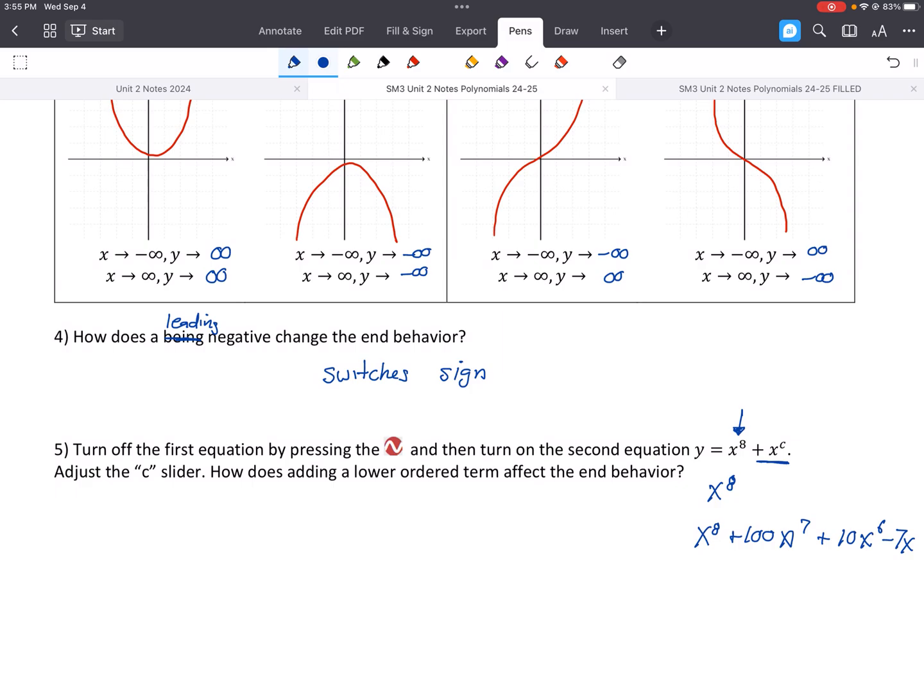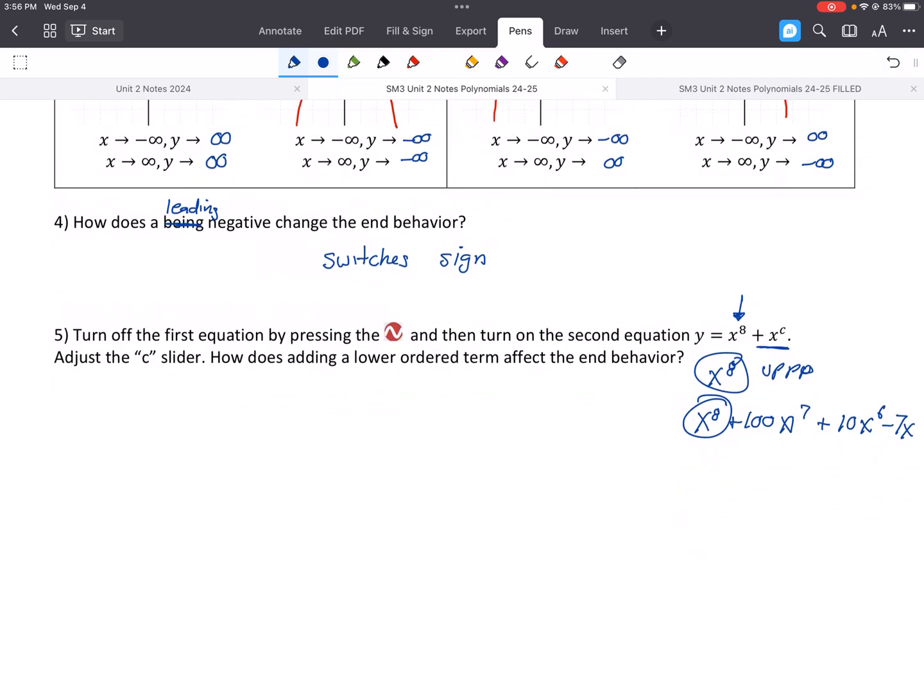What's going on between the two ends will look a lot different. You're going to have different x-intercepts and maybe complex solutions and all that kind of stuff, but the end behavior is going to be exactly the same. So for this example, it would go up and up, or in this notation, I guess I pointed at the wrong one, so it would be like this one.